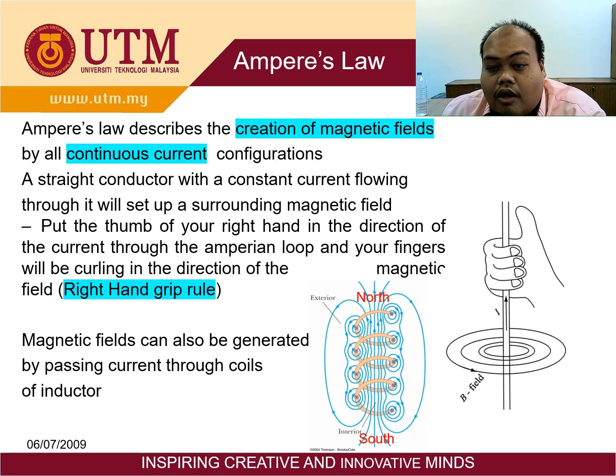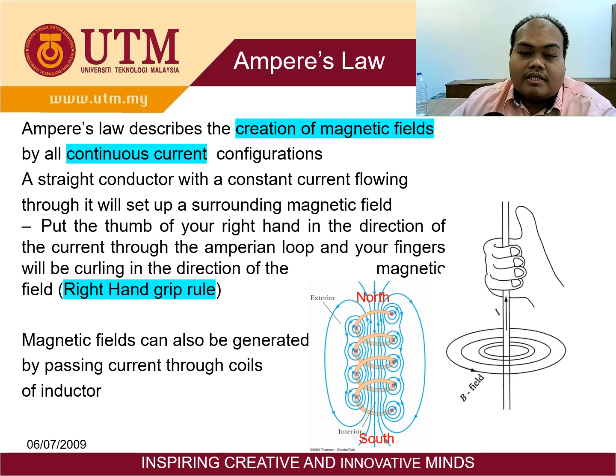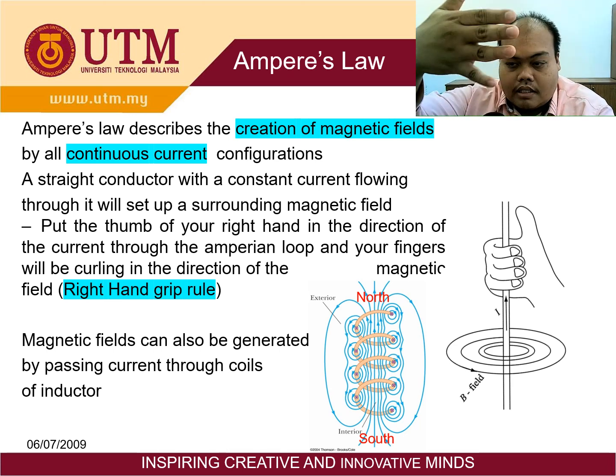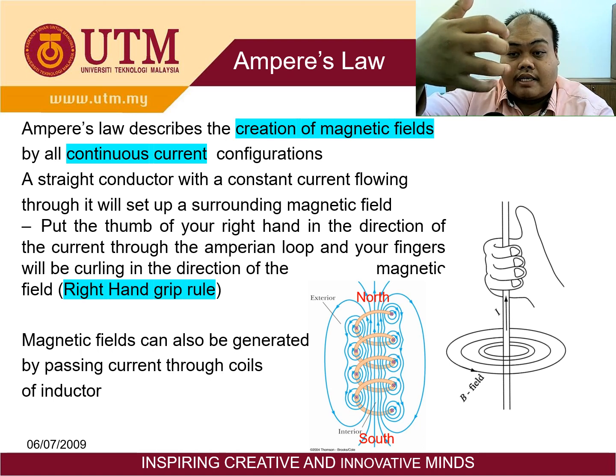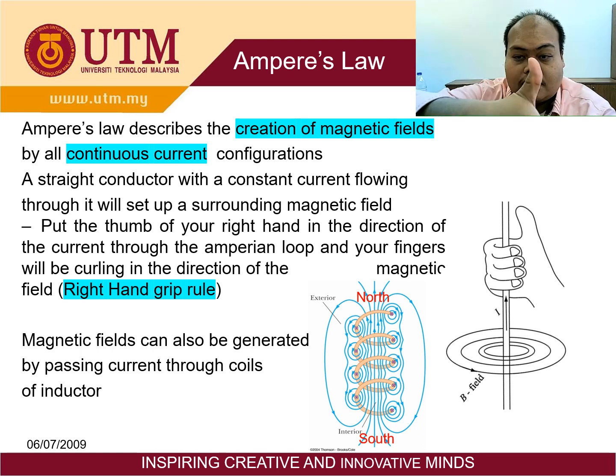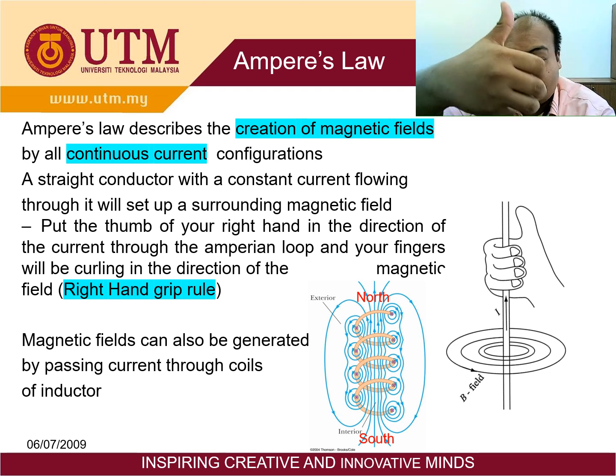How about the coil wire, also known as a solenoid? You can see here in the figure. For this case, this will become your direction of current, and this is the direction of the magnetic field inside the solenoid. Not outside, inside.